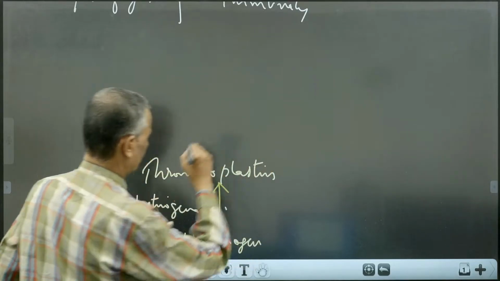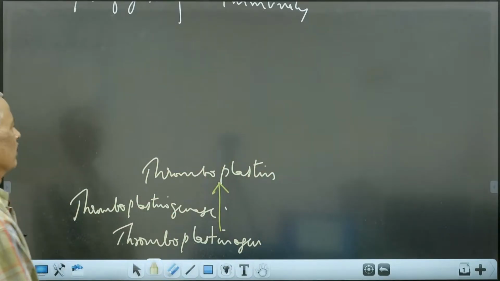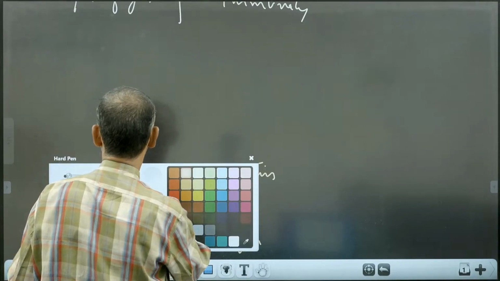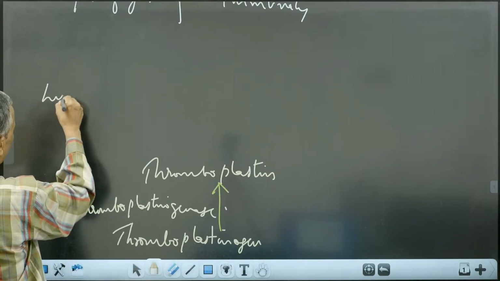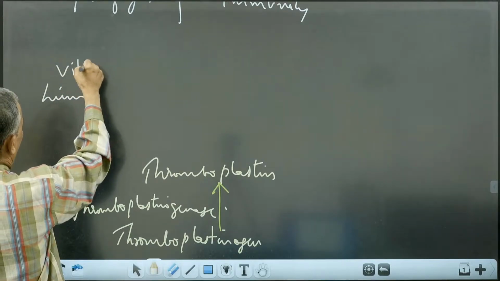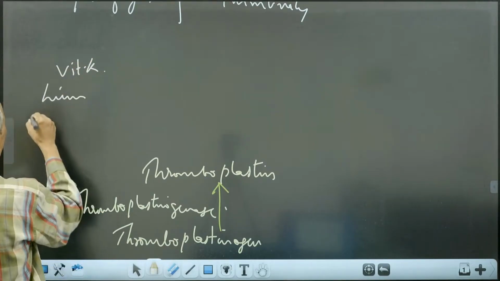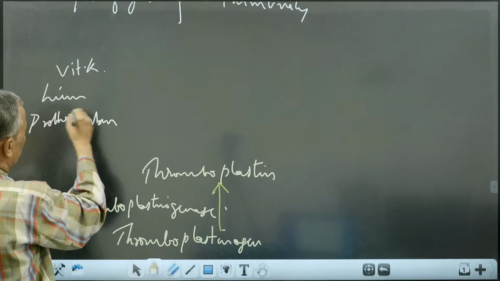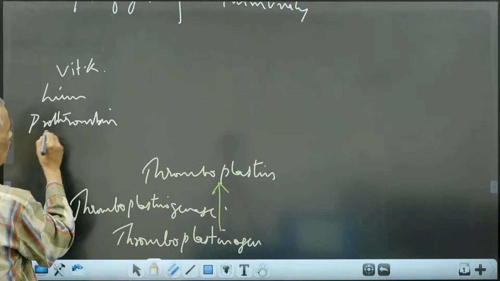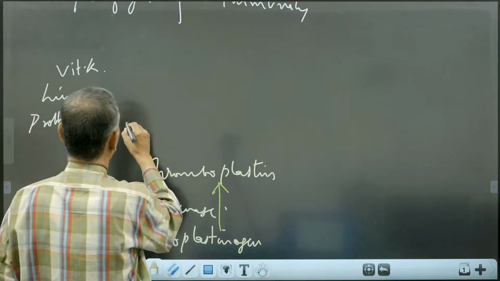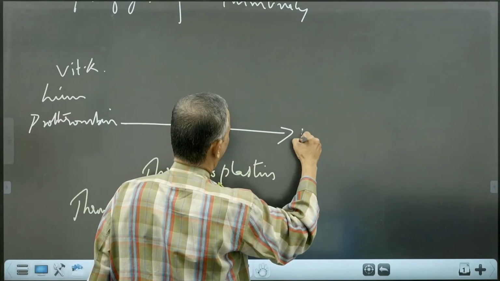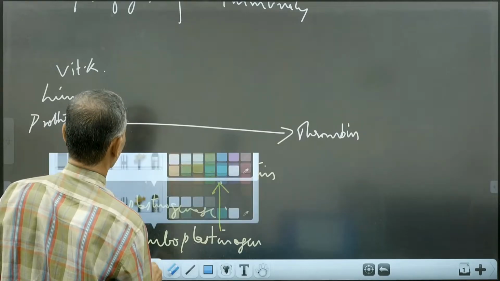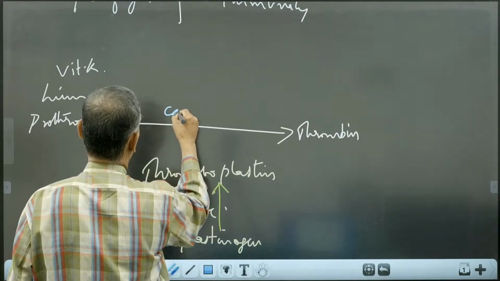This thromboplastin will activate in its turn another protein produced by the liver in presence of vitamin K. It is prothrombin. This prothrombin is again an inactive pro. This prothrombin is converted into active thrombin in presence of calcium ions.